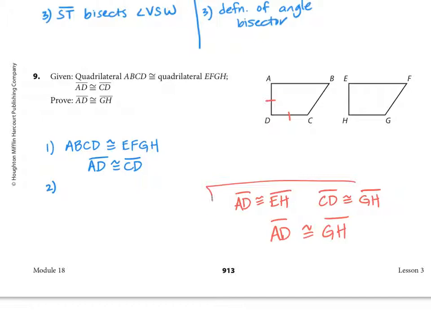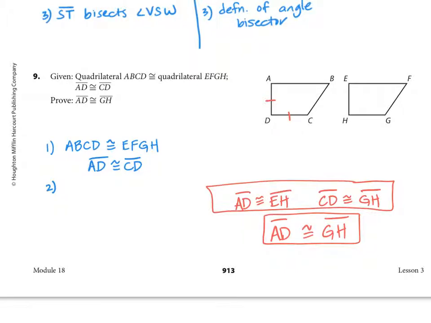So I want to know out of these, what do I actually need to get here? Okay, if I already know this is true, that AD is congruent to CD, then what else do I need to state to get to my last proof statement, right?